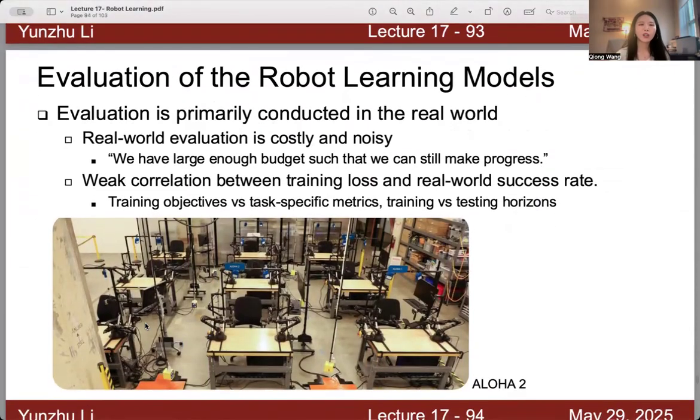The evaluation of robot learning models is still a problem because real-world evaluation is very costly and noisy.